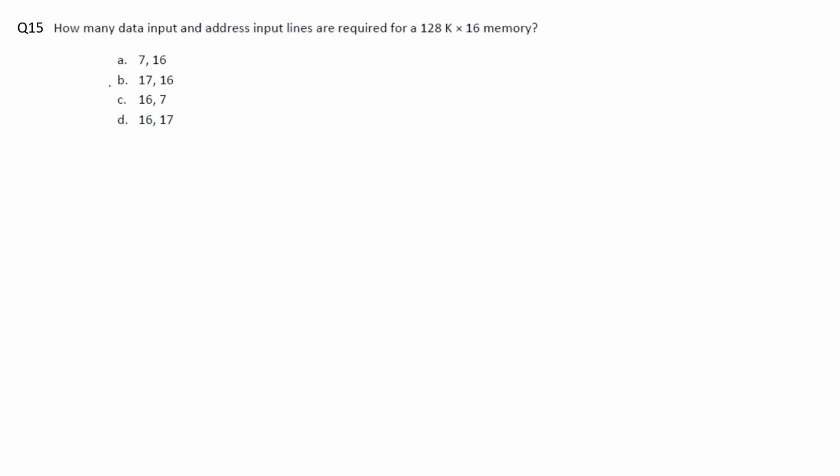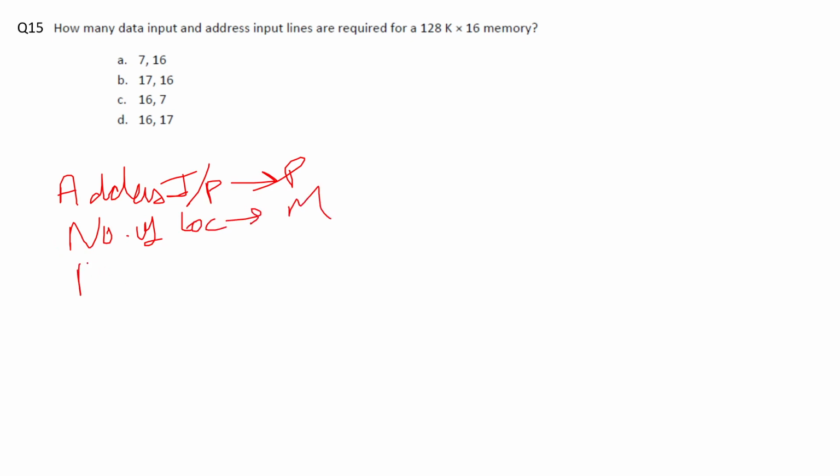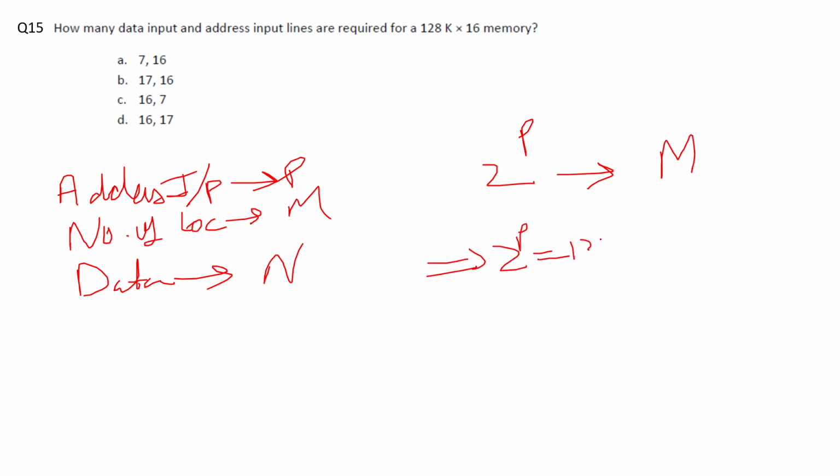So how many data and address input lines are required for 128K cross 16 memory? So your address input lines, let's call that P. Your number of locations, let's call that M, and your number of data input lines, let's call it N. So you know that 2 raised power P is equal to M. That implies 2 raised power P is equal to 128K. 128 is 2 raised power 7 and 1K is 2 raised power 10.